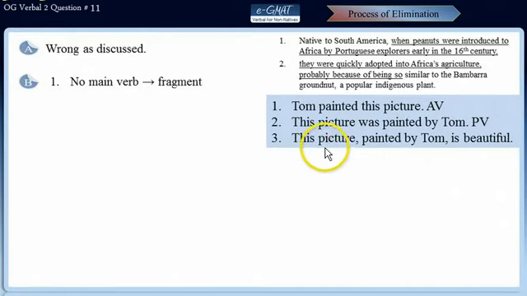This picture painted by Tom is beautiful. So in this sentence, is is our verb, and painted has now become the verb-ed modifier because it is not denoting an action per se, but it is actually giving us some information about the noun this picture.